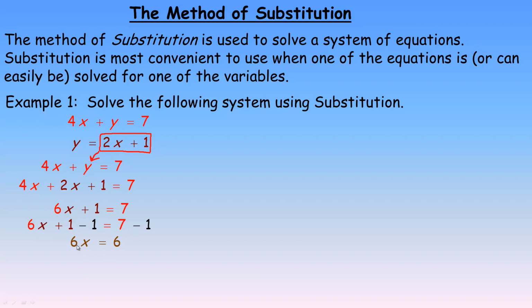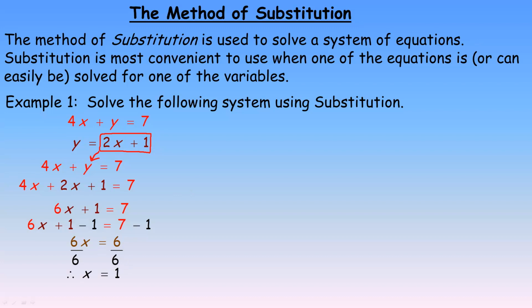Now, this tells me that 6 times x is 6. I want to know what x is, so I want to get rid of this 6. It's multiplied by the x, so I would divide both sides by 6. See, this divides out. 6 divided by 6 is 1, so that just leaves us with 1x on the left, and it equals 1 because 6 divided by 6 is equal to 1.